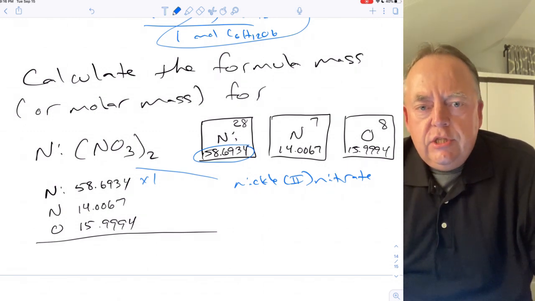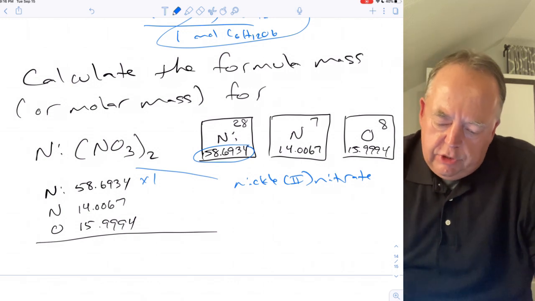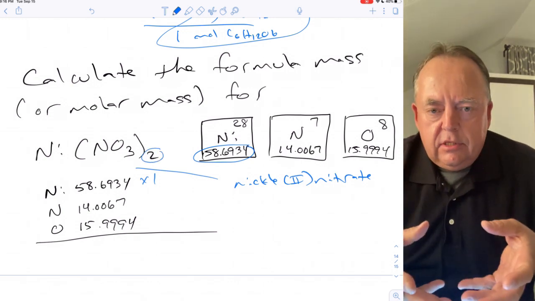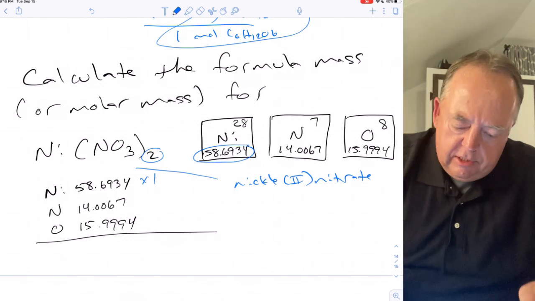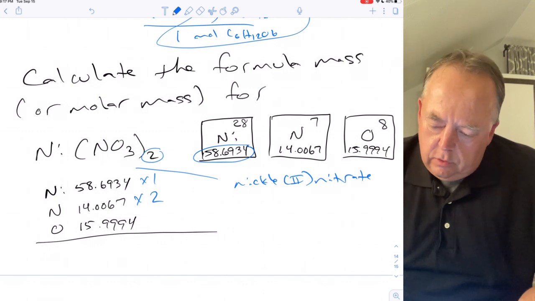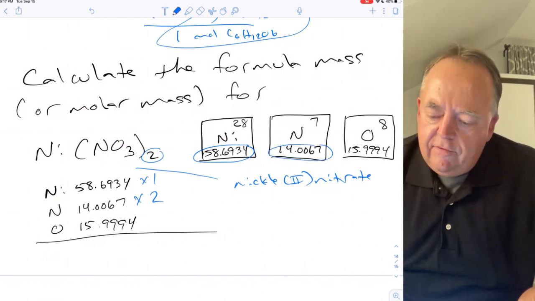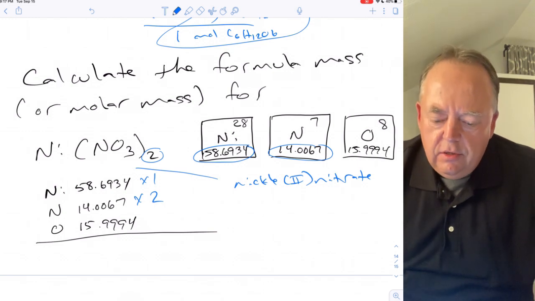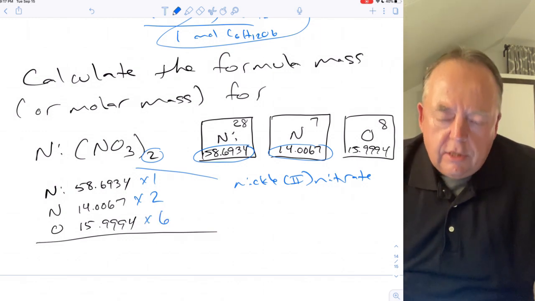So how many nitrogens are in the molecule? What you have to recognize is the 2 here extends to everything inside the parentheses, and only what's inside the parentheses. So it extends to the nitrogen, so there's 2 nitrogens. So we would take the 14.0067 from the periodic table, multiply by 2, and then how many oxygens are there? Well, there's 6 oxygens, right?